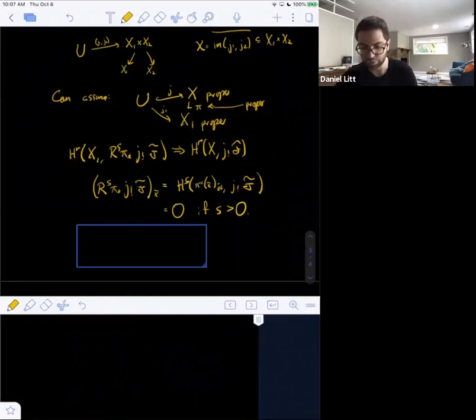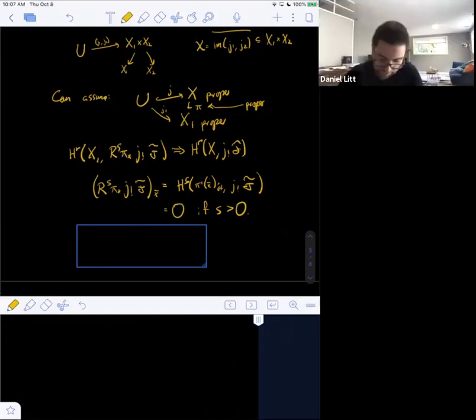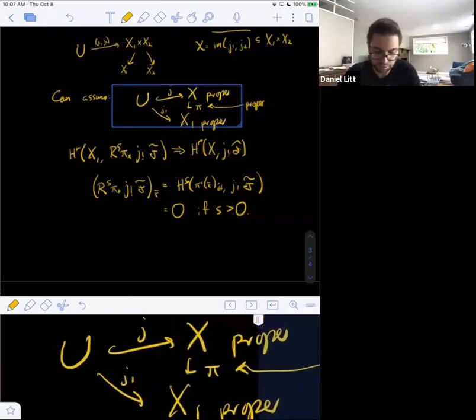One had to look at the situation where x bar was in the image of U and where it was in the complement. So we're using that it's also quasi-finite, X to X1? X to X1 is not necessarily quasi-finite. But by construction, it's an isomorphism over the image of U. So what we used is that it's an isomorphism over the image of j, or the image of j1, and then away from that, the sheaf we're interested in has stalks equal to 0.